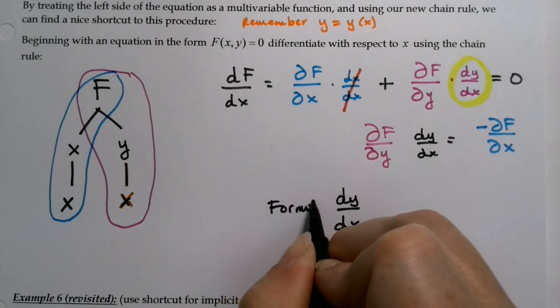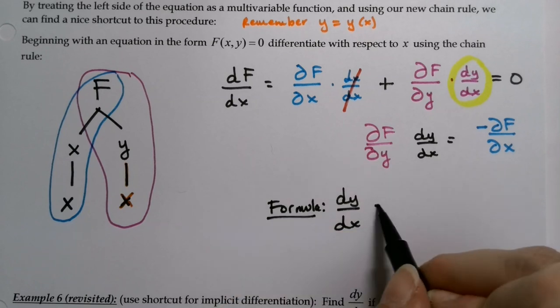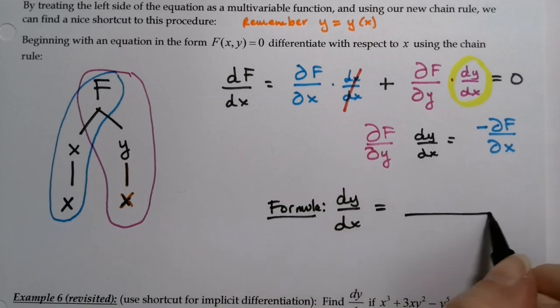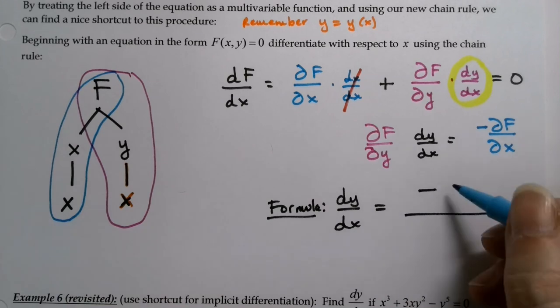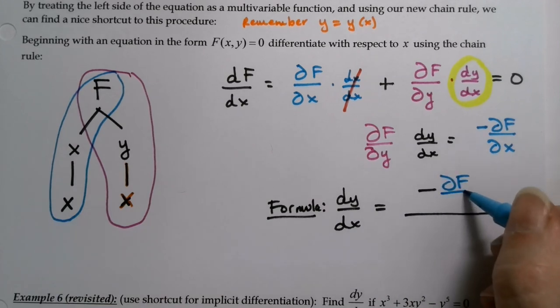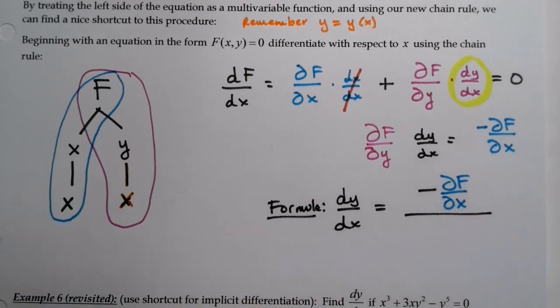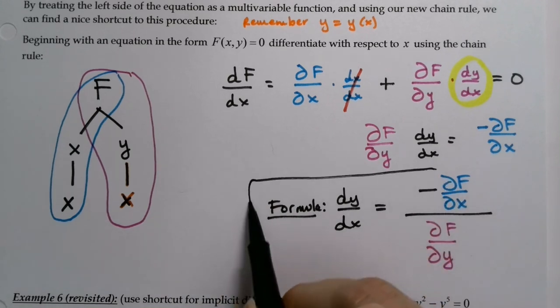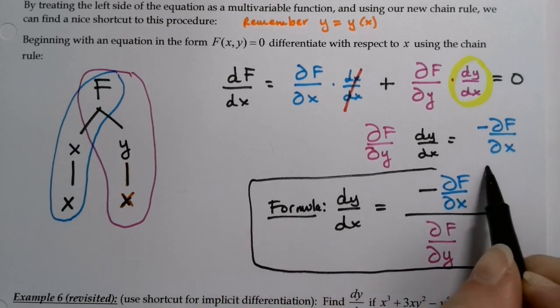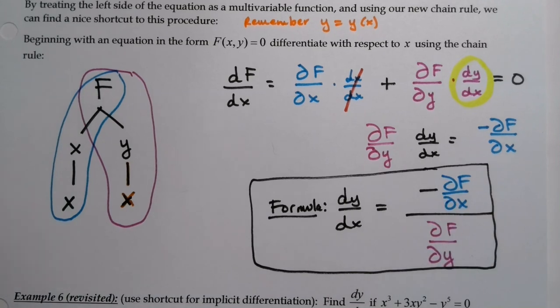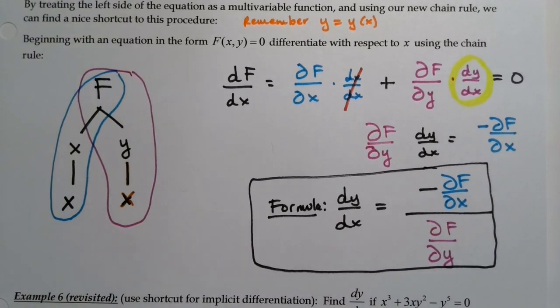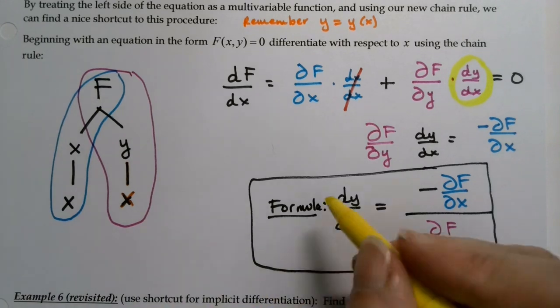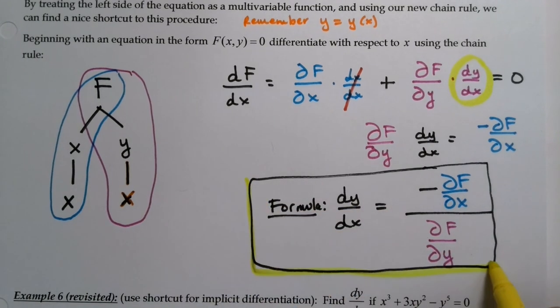You can put a box around it and highlight it and everything. Dy dx is equal to the negative partial derivative of f with respect to x divided by the partial derivative of f with respect to y. That gets us out of all sorts of work, and it's way easier to use than the previous formula, right? So dy dx is this.